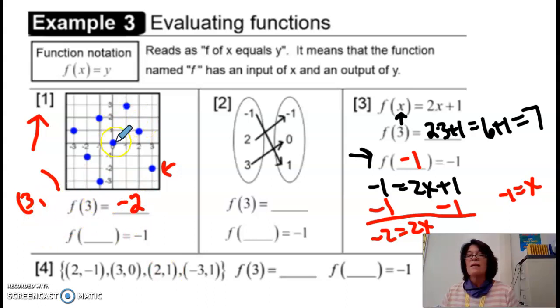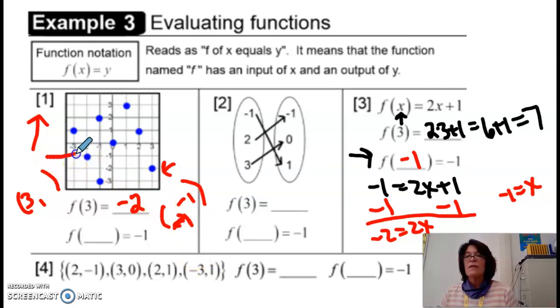That's what it's asking. It's saying, what is the ordered pair? 3 what? That is a dot in this graph. Okay, here they're saying f of what equals -1. Well, then we want the y coordinate to be -1. We're saying what comma -1? Okay, what number is the x coordinate such that the y coordinate is -1?